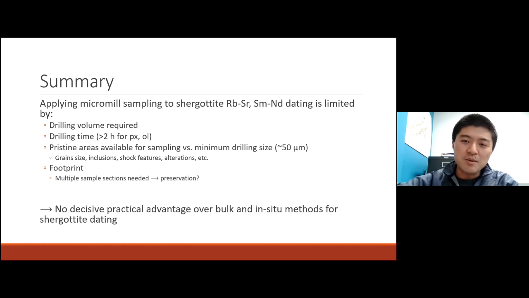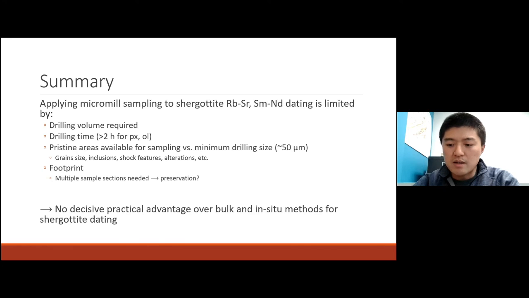They mill out 5 microns, collect the sample, clean up the sample section, and put it back on the microscope to see whether they hit something they didn't want. That's one way to do it, which is quite meticulous.